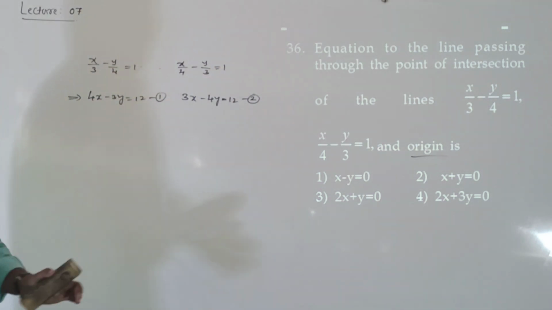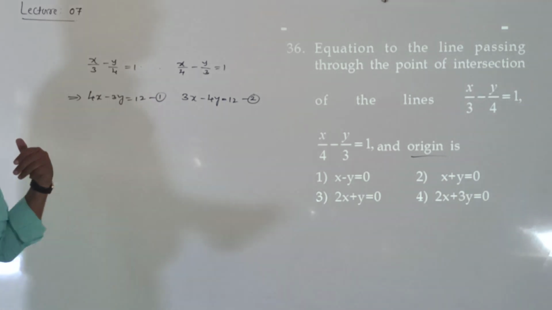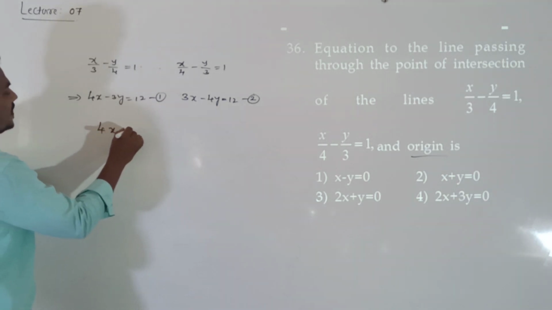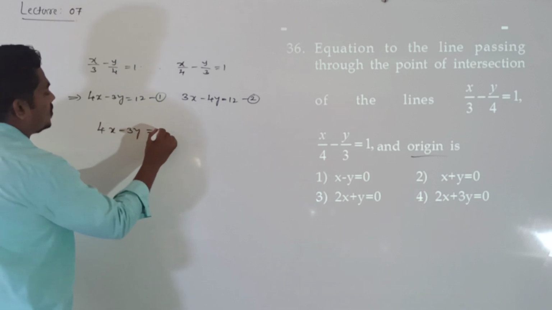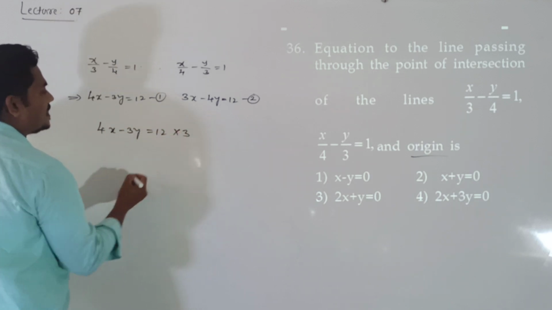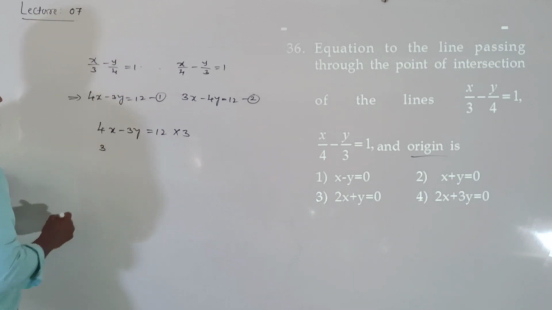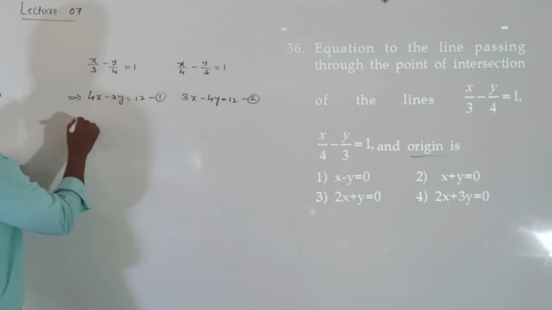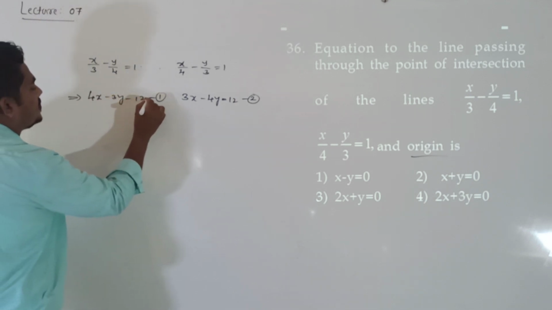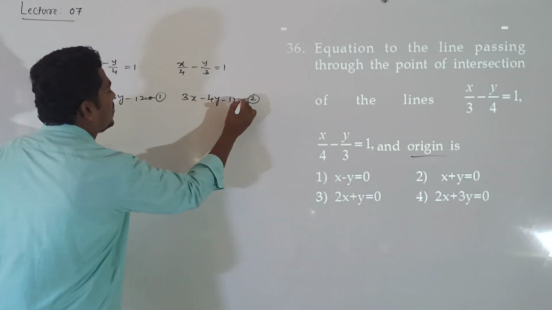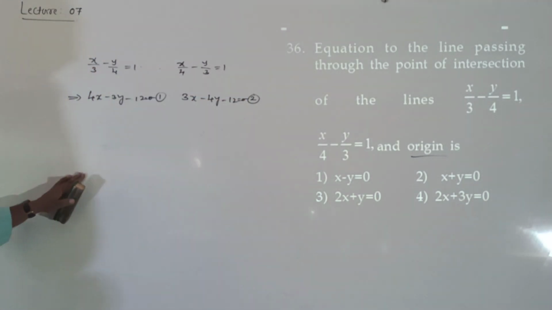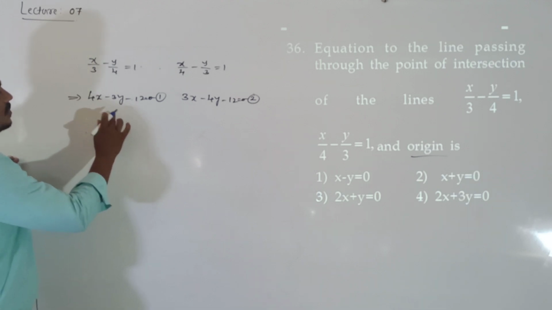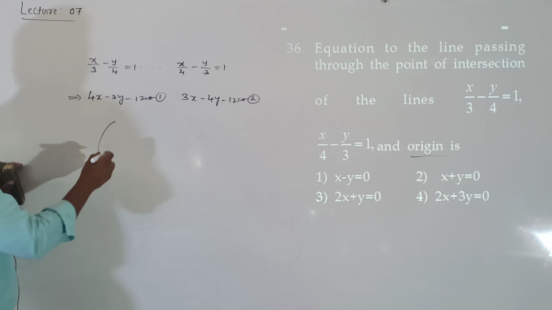After simplification, just solve these two equations. 4x minus 3y equal to 12, into 3, just by equalizing coefficients, or else by cross multiplication. It is minus 12 is equal to 0. It is also minus 12 is equal to 0. Point of intersection, shortcut formula, point of intersection of two lines.